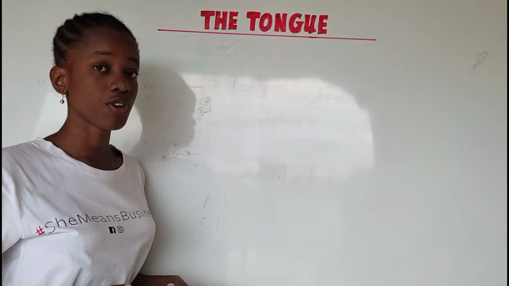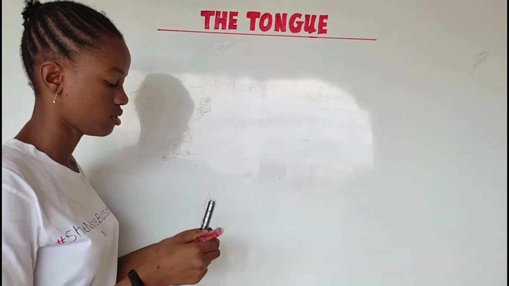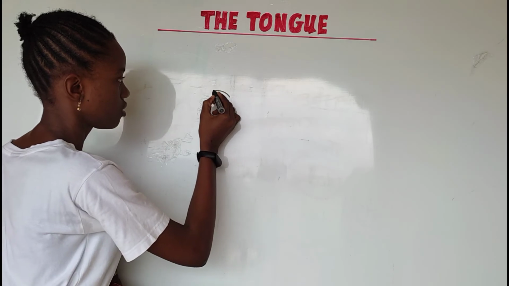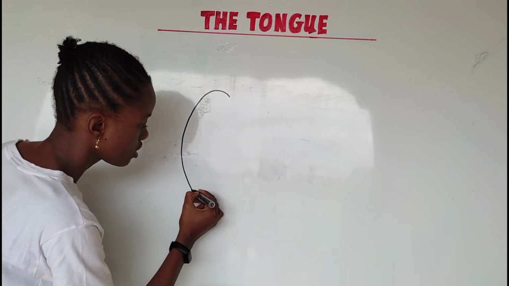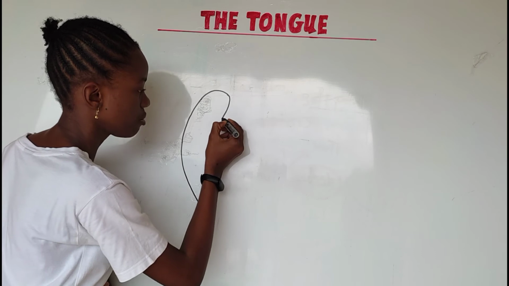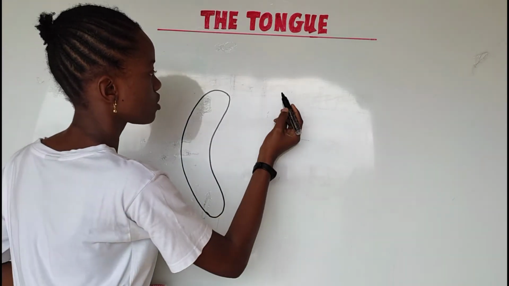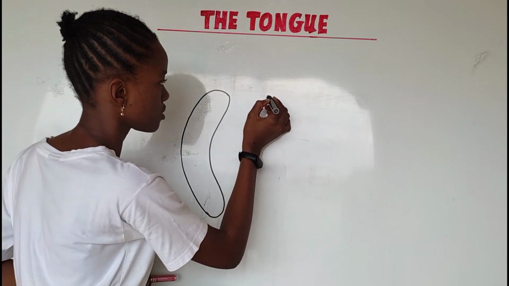Now, as I said before, chemoreceptors are grouped. So we are going to draw some chemoreceptors here for taste. You can also call them sensory cells for taste.